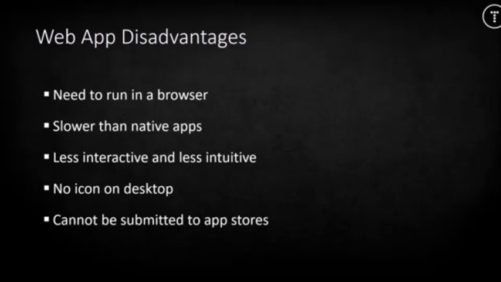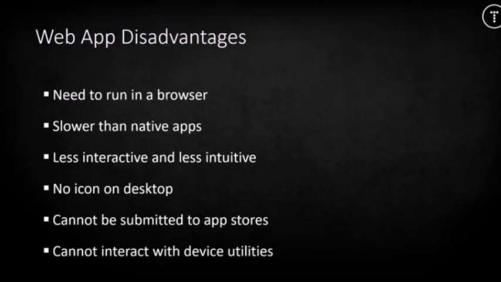Web apps also cannot be submitted to app stores, so you would need to turn your web app into some kind of hybrid app, and I'll go over that later, if you wanted to put it in a web store. Most web apps cannot interact with device utilities. There's no API, for instance, for the camera, for geolocation, or any of those features, for the most part.